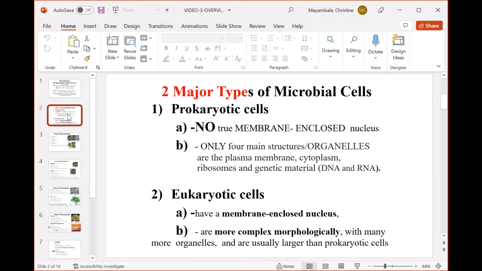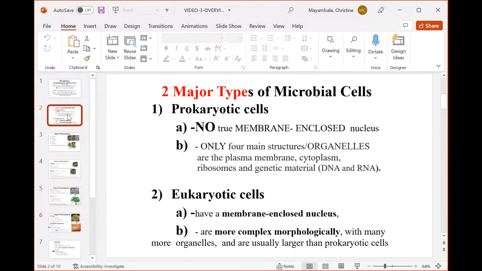That means just like us humans, they will have most of the organelles like ribosomes, mitochondria, Golgi apparatus, and most of the other structures that we find in the human being.